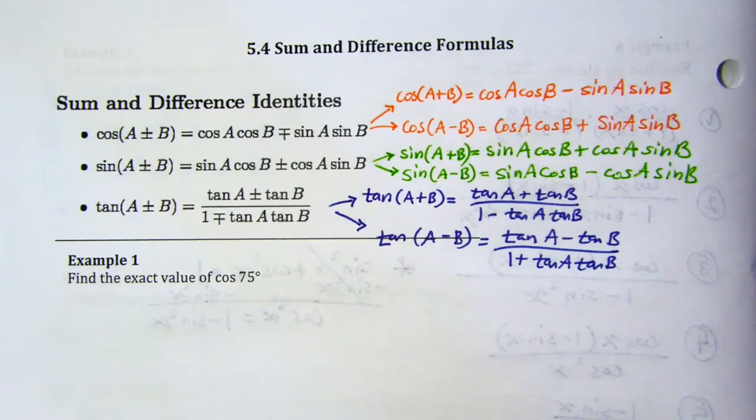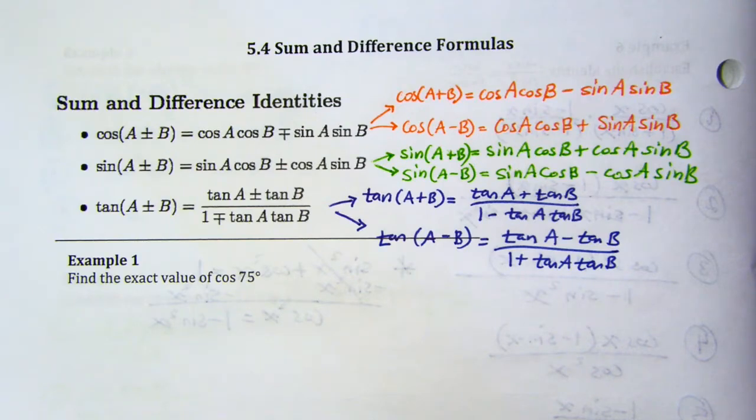Sum and difference formulas, or sum and difference identities, are very useful within trigonometry. So far, we can find the exact value for angles of 0, 30 degrees, 45 degrees, 60 degrees, 90 degrees, and multiples of those.